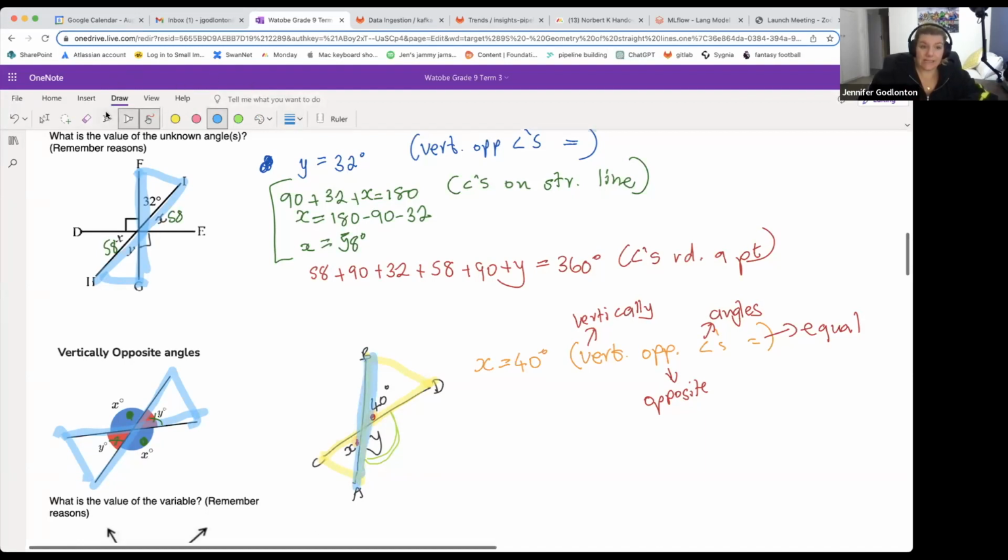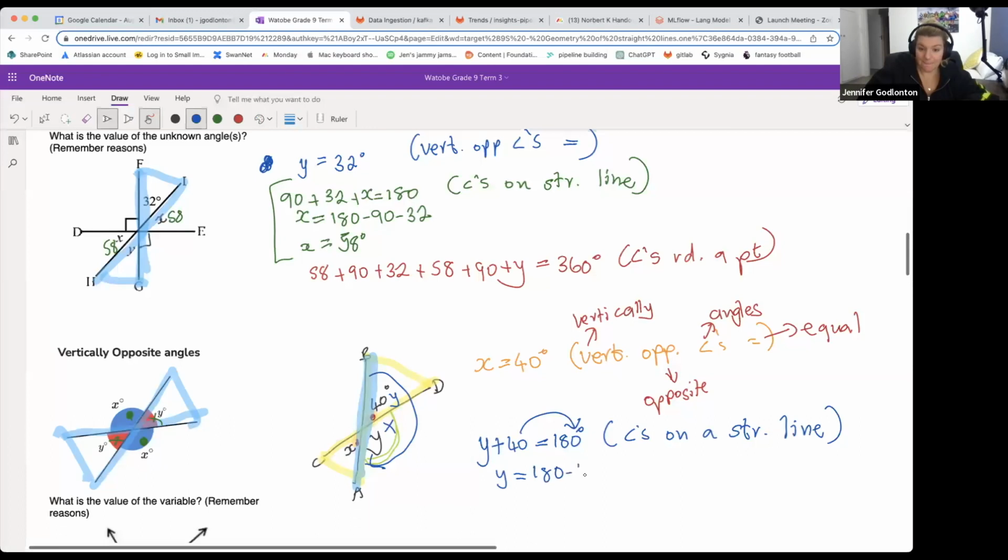When we have adjacent angles, so adjacent is a fancy word for next to, when we have adjacent angles, so these two are adjacent to each other, on a straight line, they need to equal 180 degrees. So in order for us to find Y, we can say Y plus 40 needs to equal 180 degrees. Now, our reason for that is angles on a straight line. Then we can move this 40 over. We can say Y is equal to 180 minus 40. Therefore, Y is equal to 40 degrees.